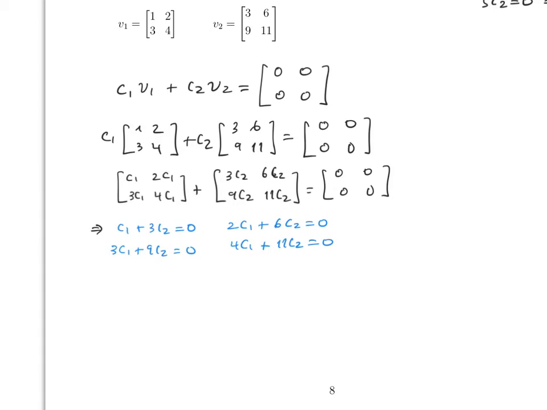You can just pick two of them from this system, and you should check that C1 is in fact equal to 0 and C2 in fact is also equal to 0. So therefore that implies that B1 and B2 are linearly independent.